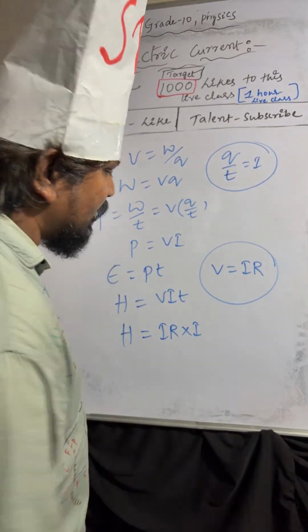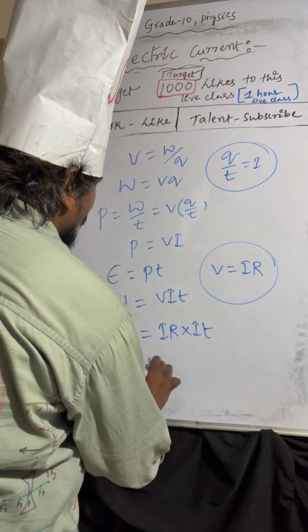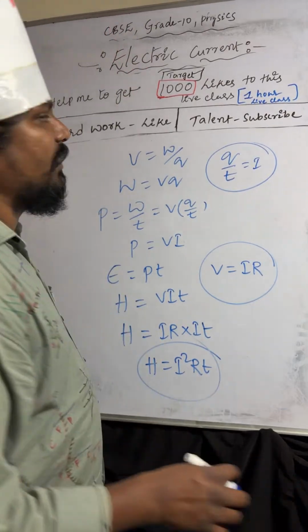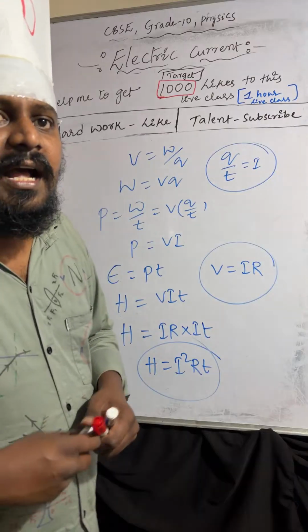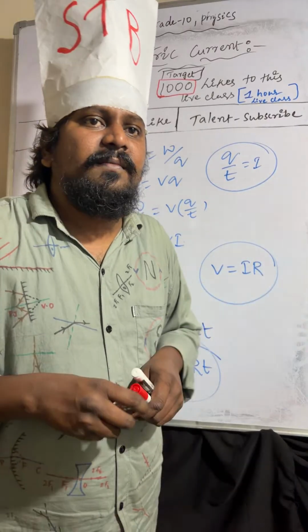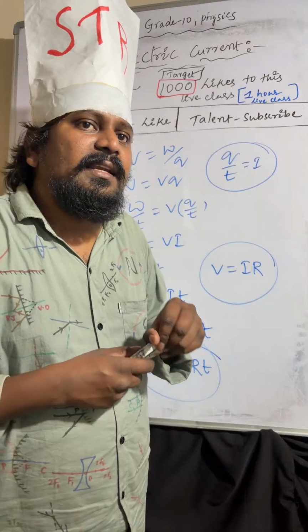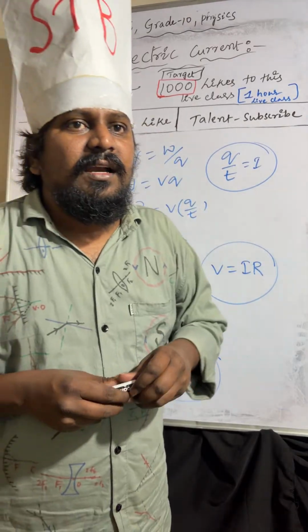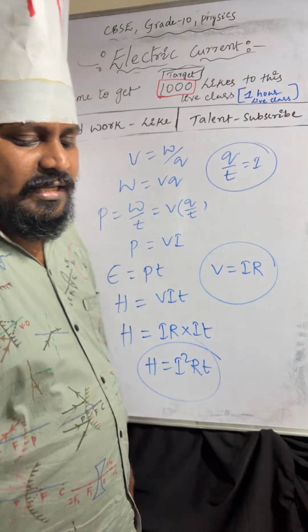Then you will get I squared R t. H equal to I squared R t. So this is about heating effect of electric current, also known as Joule's law of heating. I hope it is very clear. Understood?